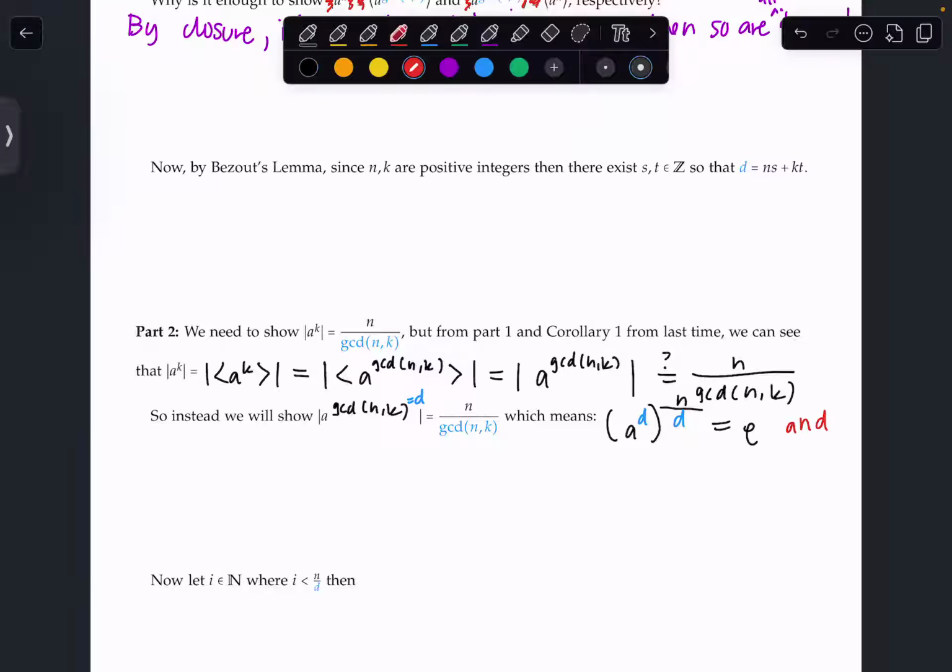And I want to be able to show this is the smallest power I can raise it to and still get the identity. So I really want to show this n over d is the smallest such natural number to do so.